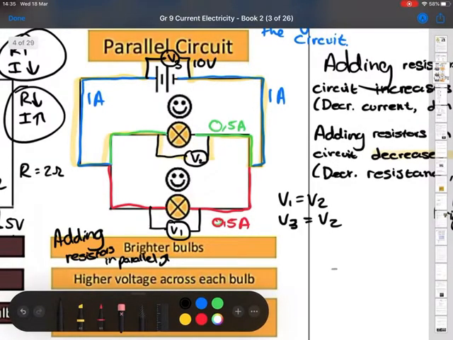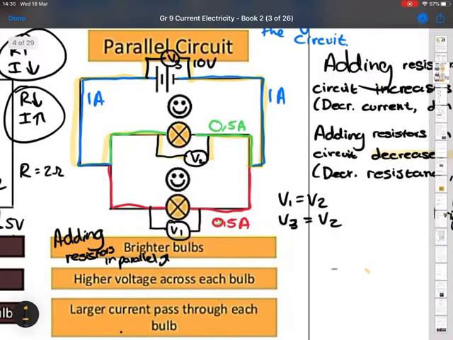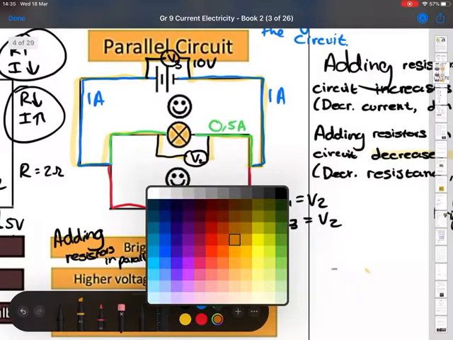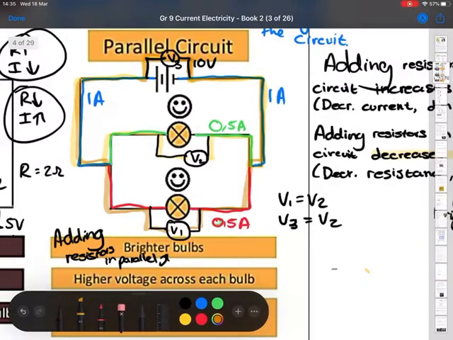And let's see, can I get from voltmeter 3 to voltmeter 1? I'll have to do that in a different color. Let's do it in orange. So from voltmeter 3 on this side, can I get to voltmeter 1 without crossing over any component? Yes. Can I get from this side to voltmeter 1 without crossing over any component?